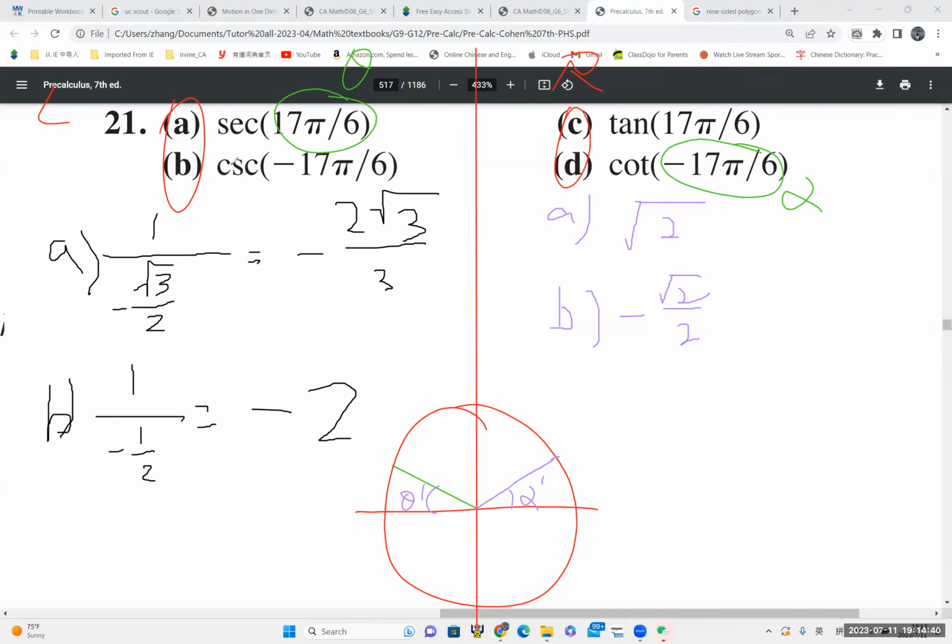Now let me check A. Okay, this is good. Then B, cosecant.